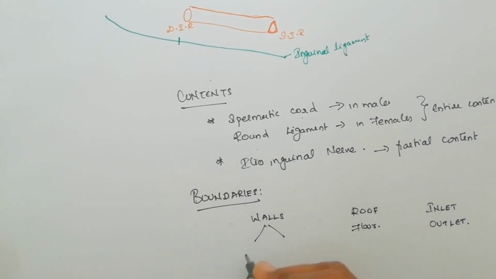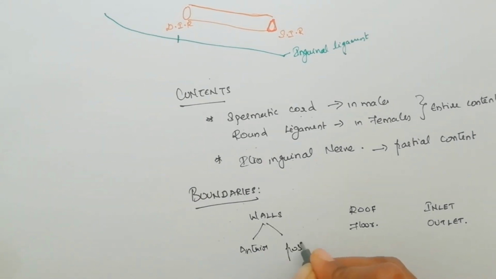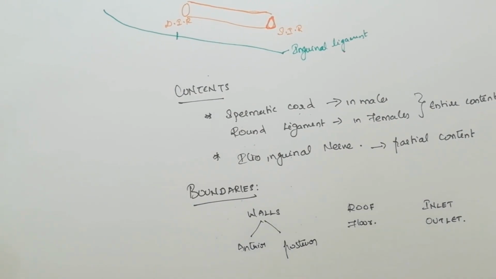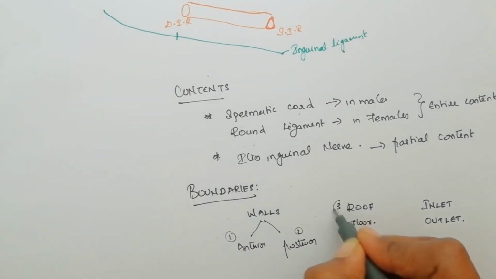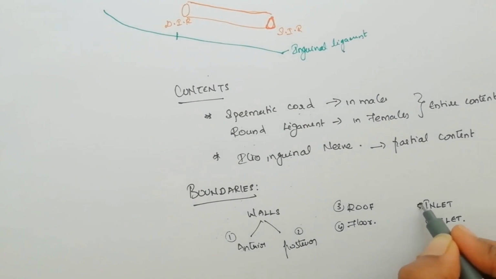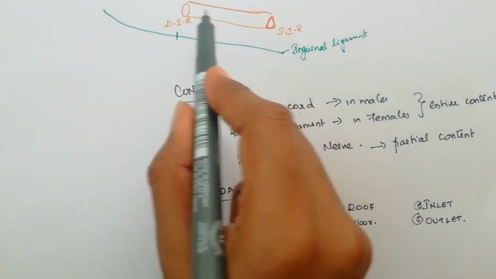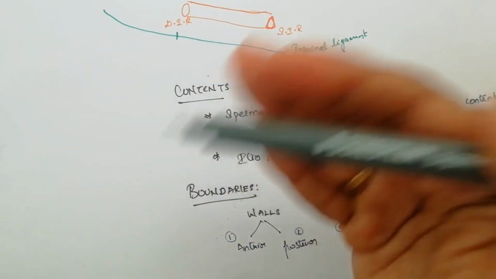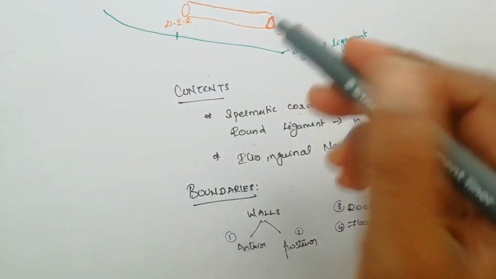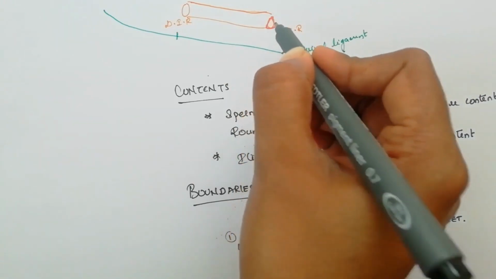The walls are anterior and posterior. So we have the roof, floor, anterior wall, and behind that the posterior wall, the inlet and the outlet. These are all the boundaries seen in the inguinal canal.